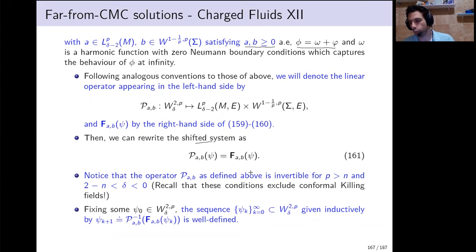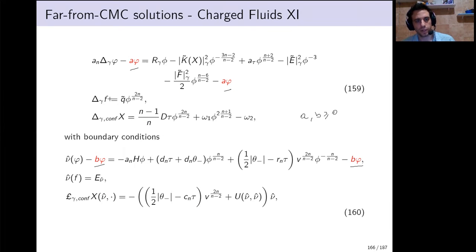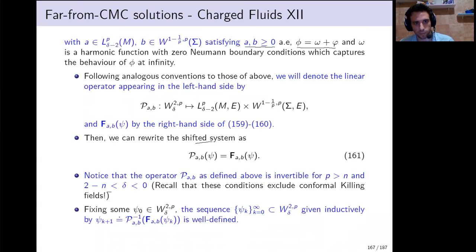And now we know that these first two operators are isomorphisms between the corresponding spaces by choosing our weight parameter to be in this interval. And furthermore, choosing our regularity to be a little bit higher, we know that this condition excludes the possibility of conformal Killing fields decaying to zero at infinity. We've seen this in previous lectures. So all the operators involved in this left-hand side are invertible for these choices of spaces.